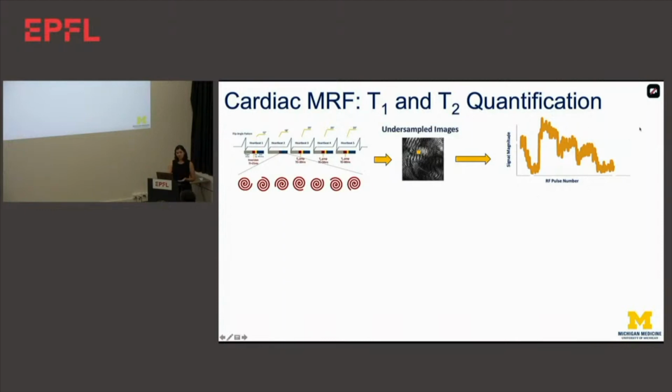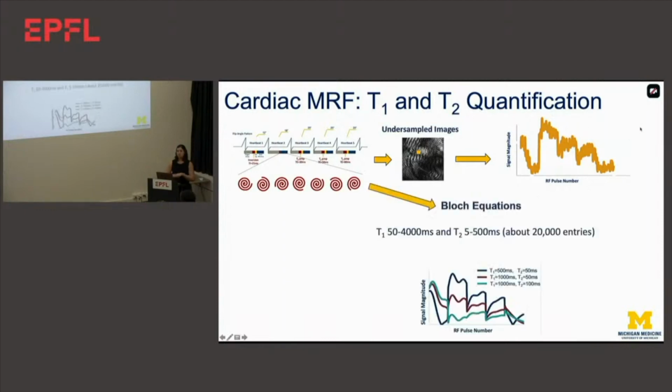The way that we do that is we build a giant dictionary, right? We understand the physics of MRI, these are the Bloch equations, and we say, based on what I did over here at my scanner, and the T1 and T2 that I could maybe expect to see in my tissue, I can give you a reasonable subset of everything that could possibly come out of my scanner. There's nothing else really that could have happened. Then I take the signal I did measure and compare it to the signals that I could have gotten.